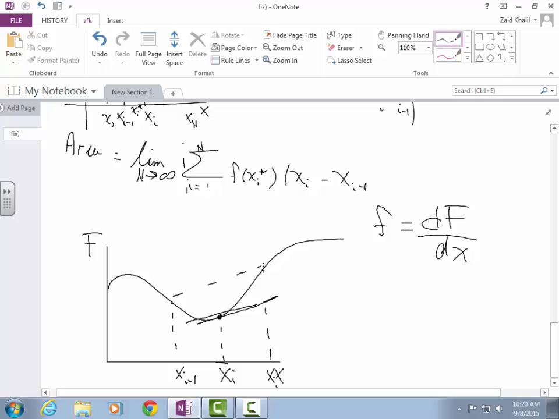So what we know is that dF/dx at x bar i is equal to what? What's the slope of the secant?